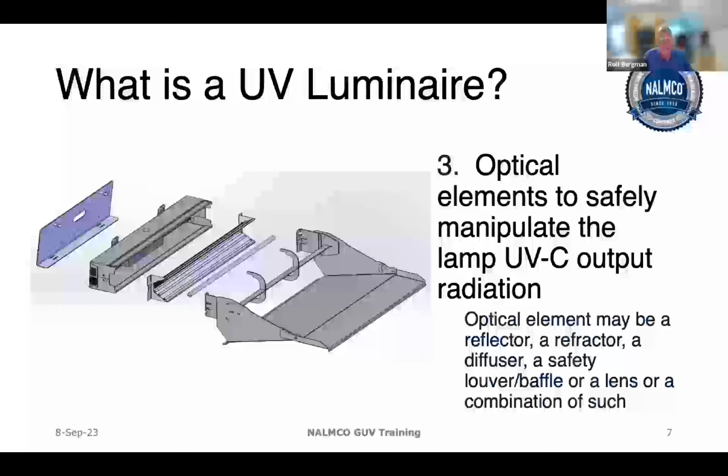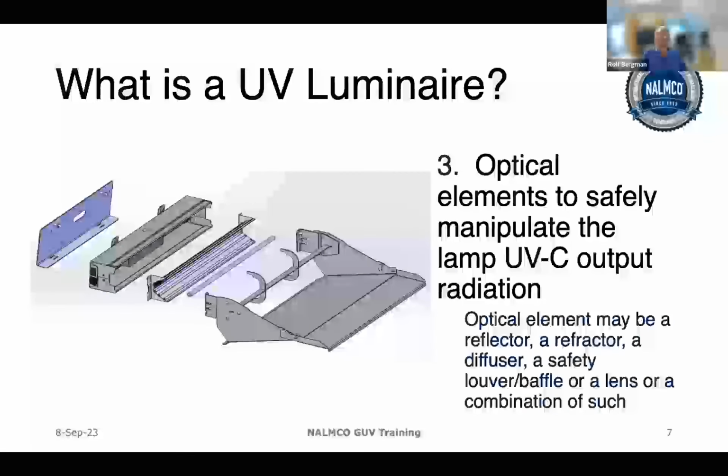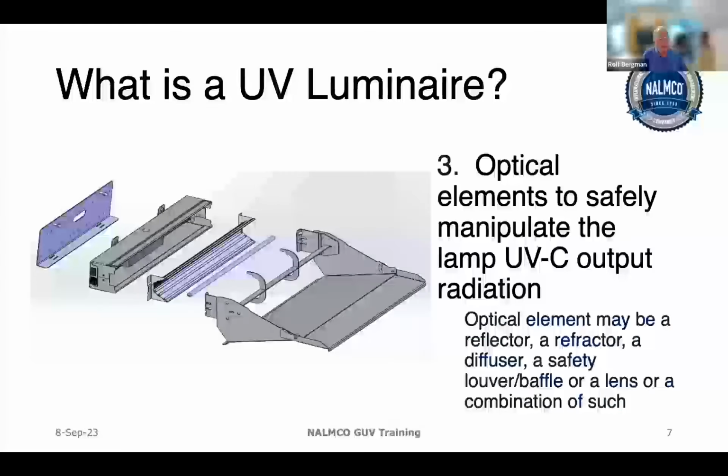Thirdly, a luminaire basically contains optical elements which manipulate the light in a desired way. What is shown is a blowout of an upper room luminaire, where you can see the blue part is a reflector.